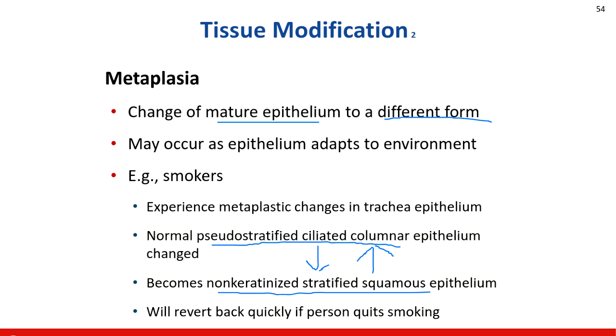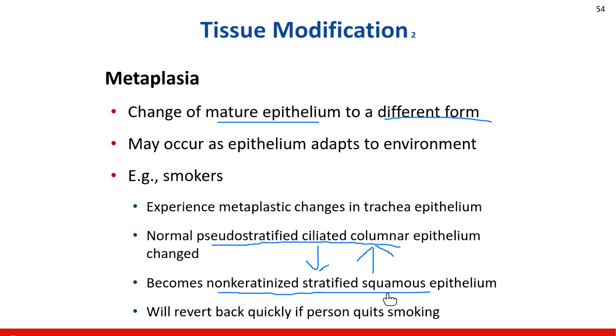So you can see when it transitions from the pseudostratified ciliated columnar epithelium, it goes to the non-keratinized stratified squamous epithelium. That's a completely different type of epithelium. We lose the cilia, and it goes from one cell shape to a completely different cell shape, columnar to squamous.